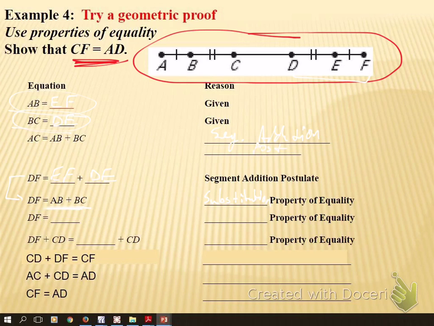Okay. Now we've got this statement. We know that AB plus BC is equal to AC. So we're going to substitute AC in for that. So DF is going to be equal to AC. And again, that's from the substitution property.